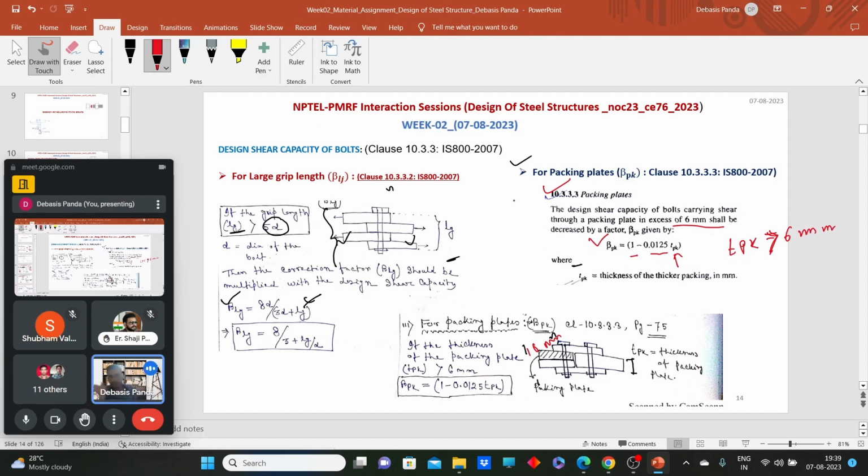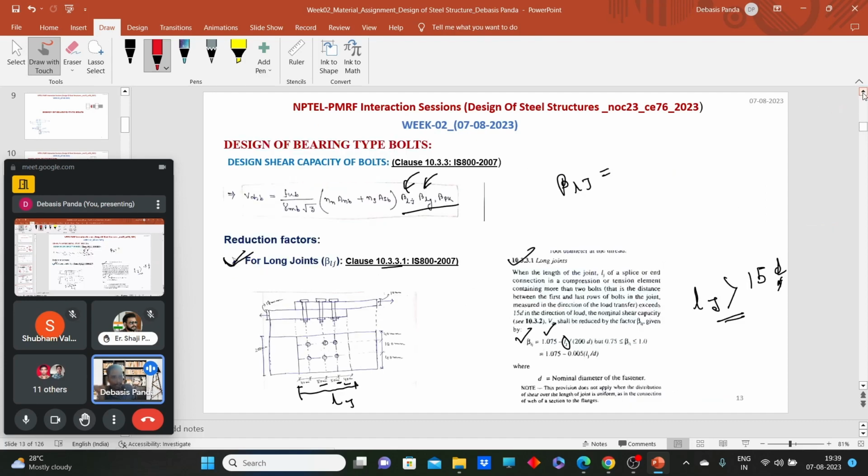So now what have we understood about the correction factors? The correction factors will multiply with the shear capacity of the bolt. And have you noticed that the values of all the correction factors are less than 1? That means the correction factors are reducing the shear strength of the bolt.